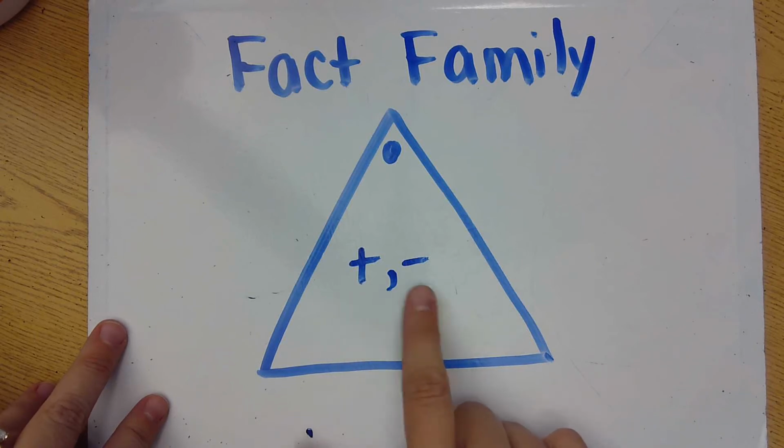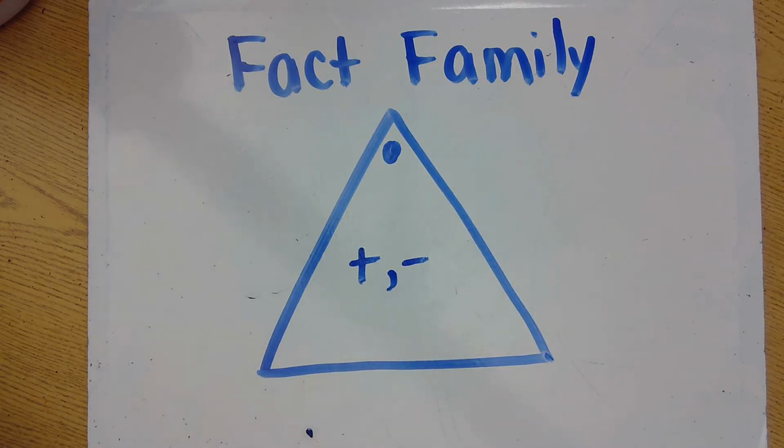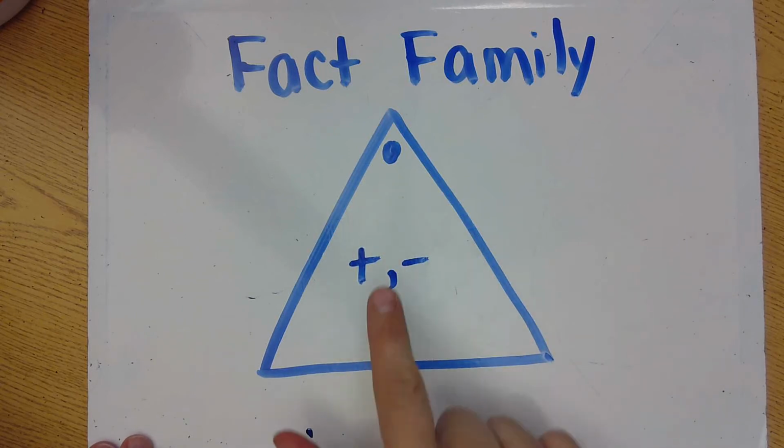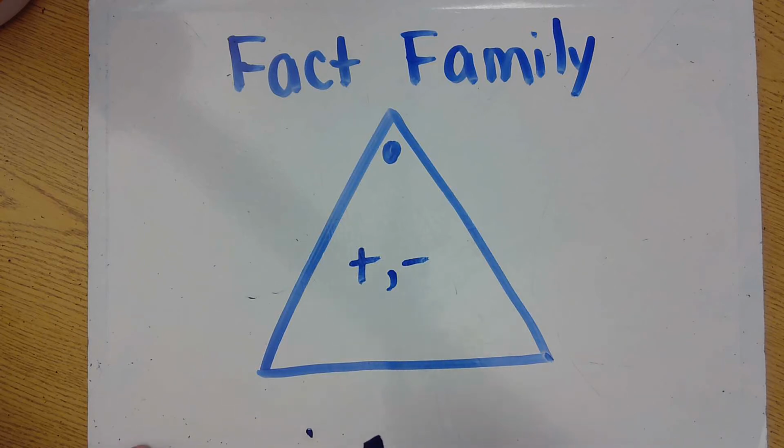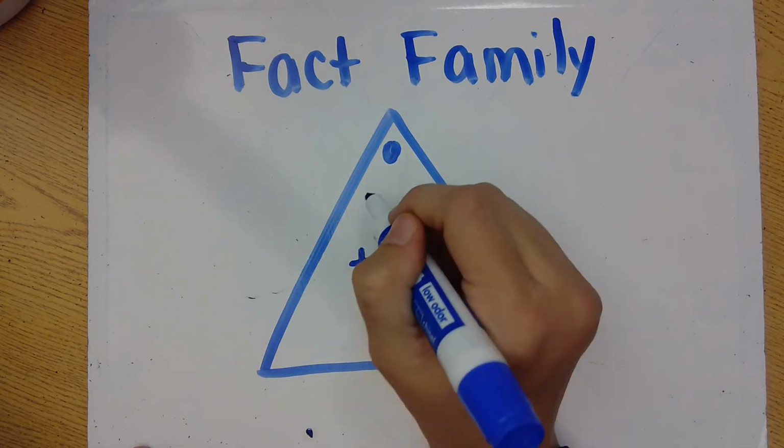But in 2nd grade right now, we're just using adding and subtracting. Now, each fact triangle has a space for 3 different numbers. And the 3 different numbers, just like the domino we just looked at, have to be related to each other like in a family.